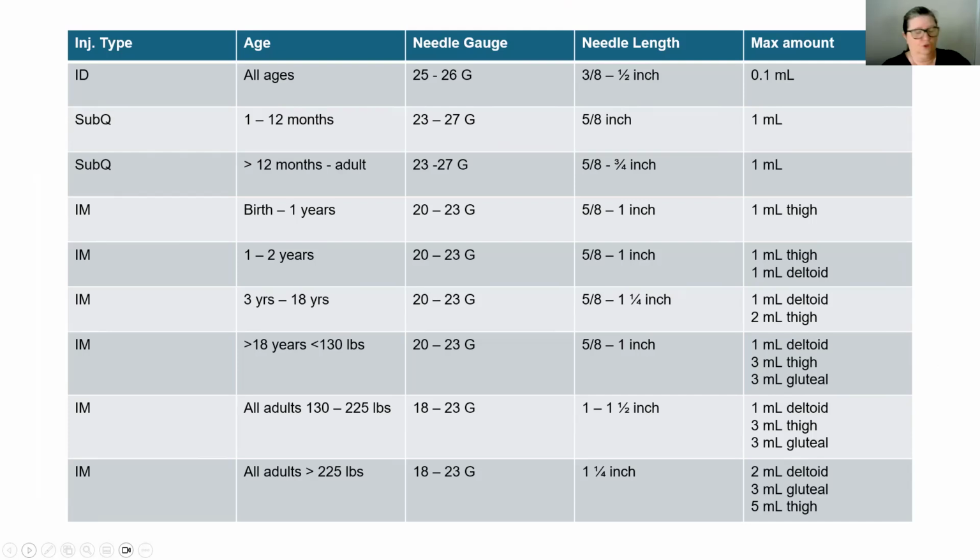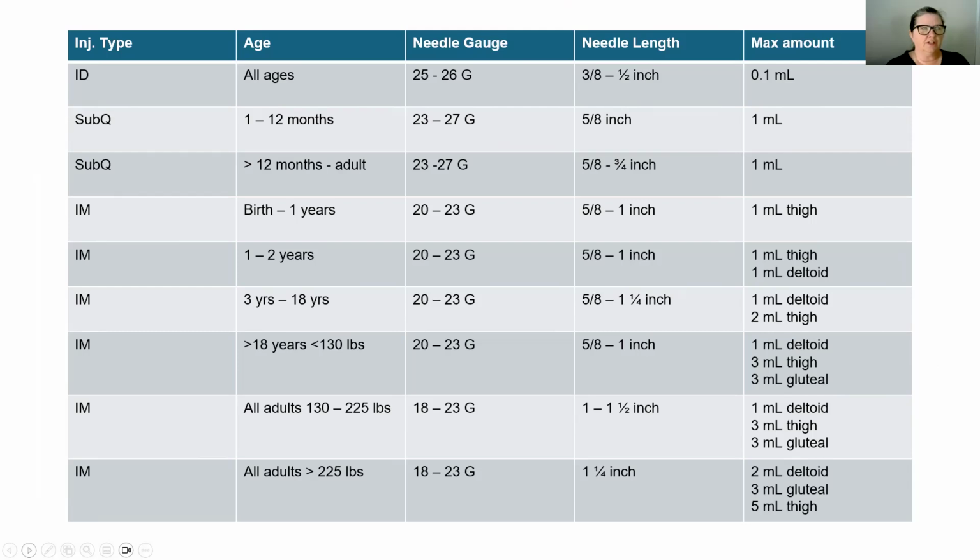And this whole chart as a whole. This is basics. This is guideline. This does not mean this is gospel. Okay. Every patient is different. They're all different sizes and shapes and ages and all of that.